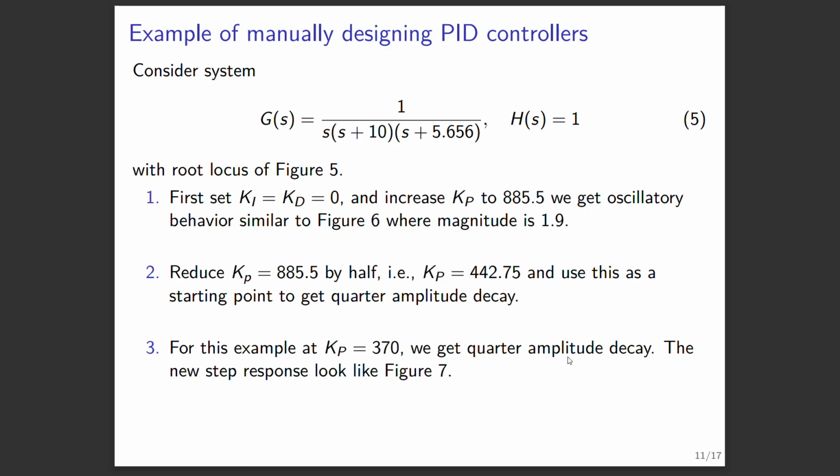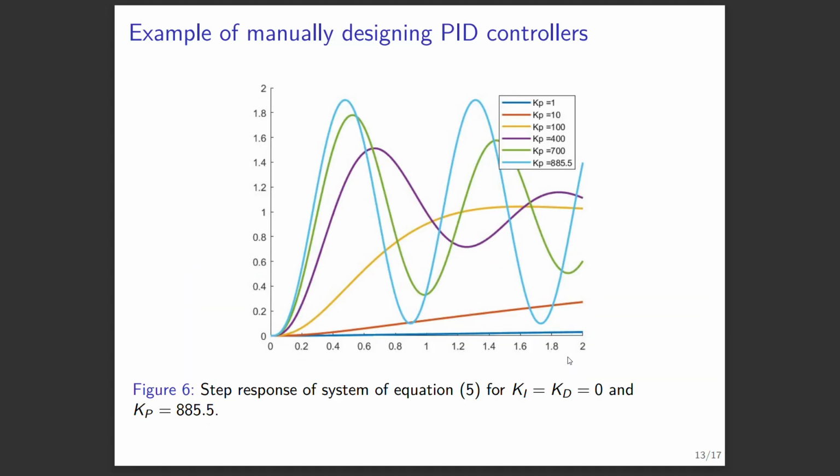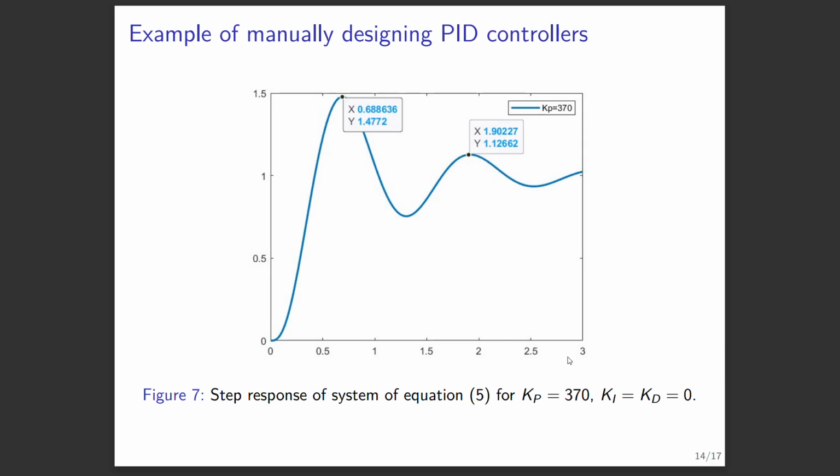Now, what does that look like? Let's see figure 7. This is quarter amplitude decay. The maximum point here is 1.47. If you subtract 1 from that point, you get 0.47.